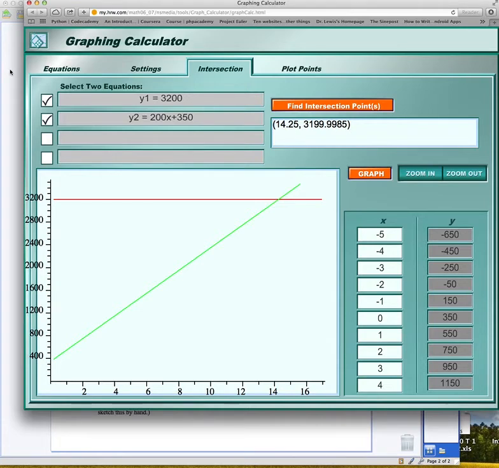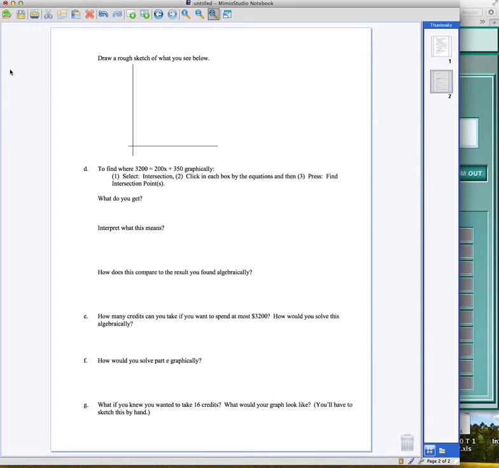Then the next part says, explain what it means. What do you get? So I'm just going to put 14.25. And you can sketch it here. I didn't. 3,200. Interpret what this means.